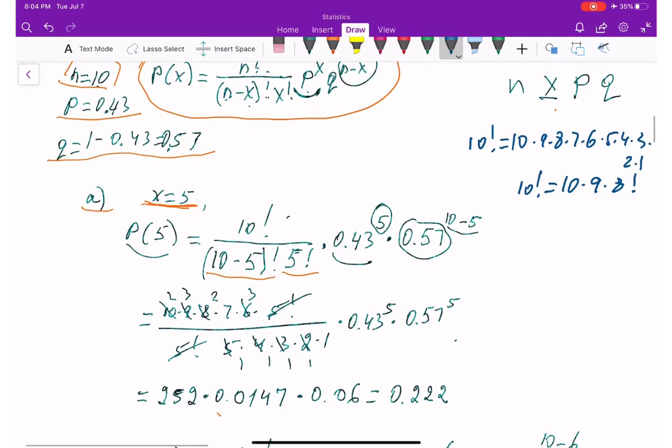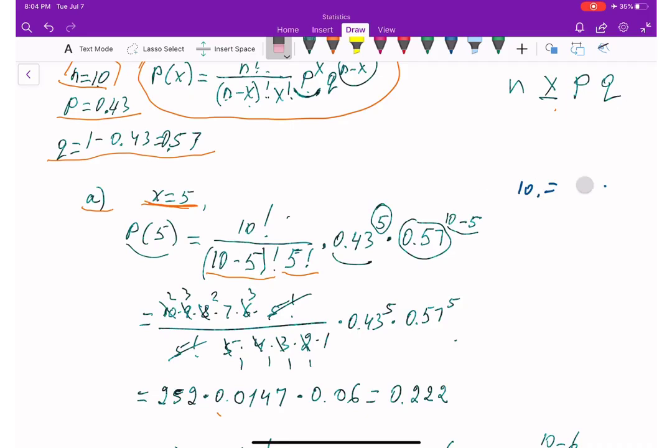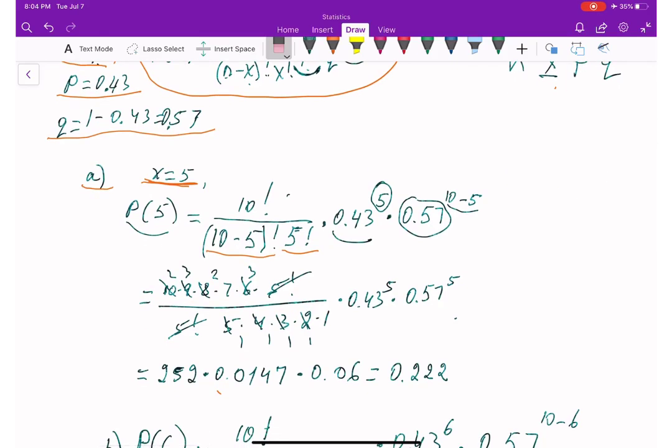So here, let me clean this so it's not a mess, because I have too much writing here anyway. All right, so factorial of 10, see I'm opening here, 10 times 9 times 8 times 7 times 6, 5 factorial.